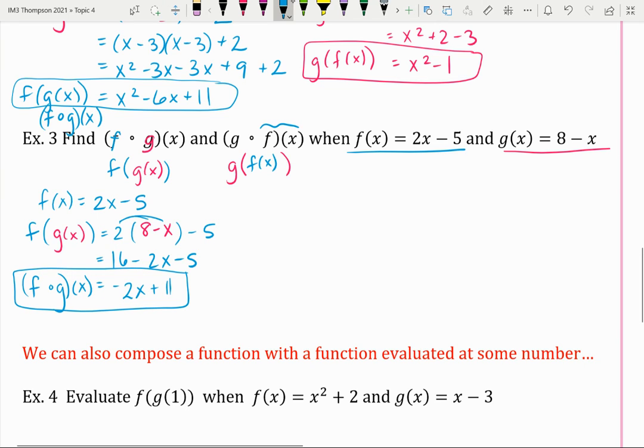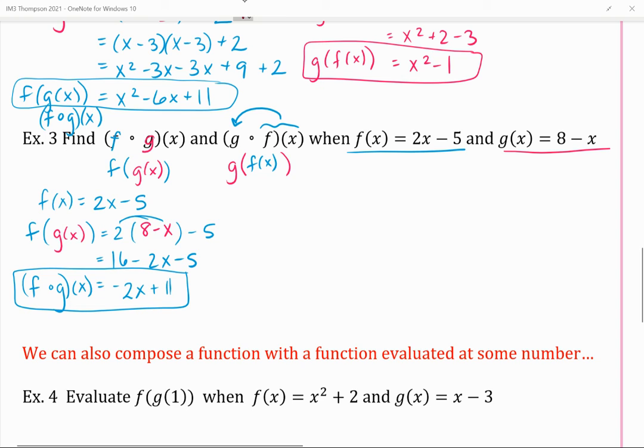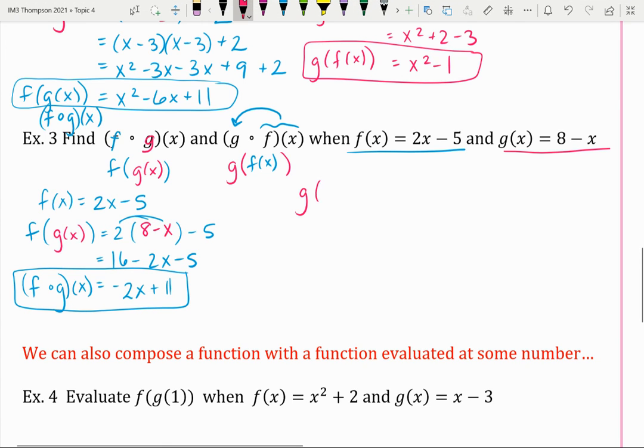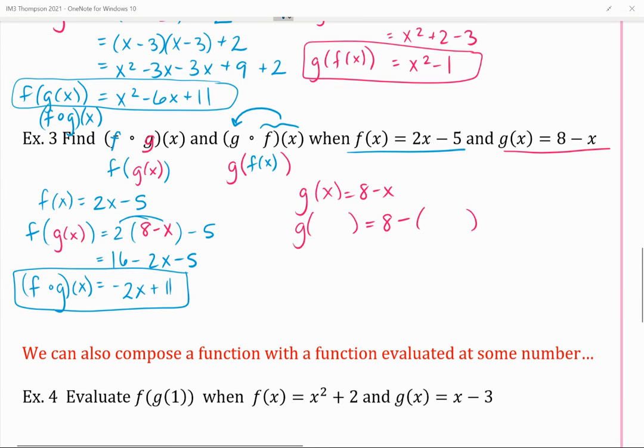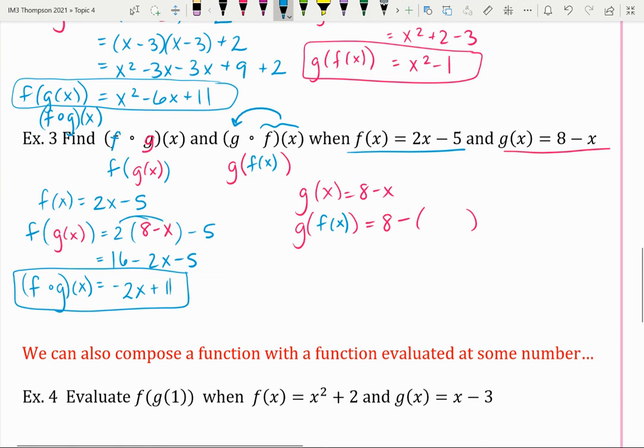All right, so I take f of x and I plug it into g of x. So g of x is 8 minus x. But I want to evaluate g at f of x. So I'm going to replace my notation on the left-hand side, and I'm going to replace the other part of my function on the right-hand side.